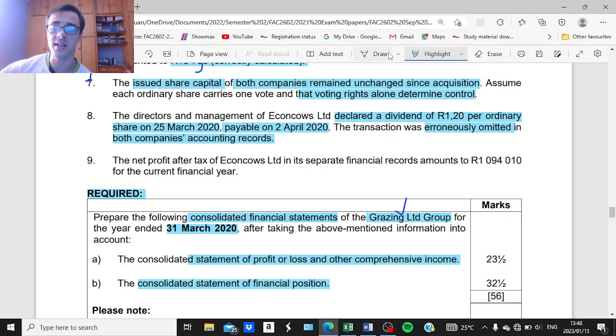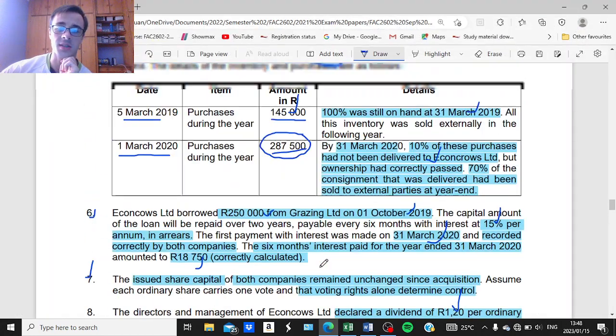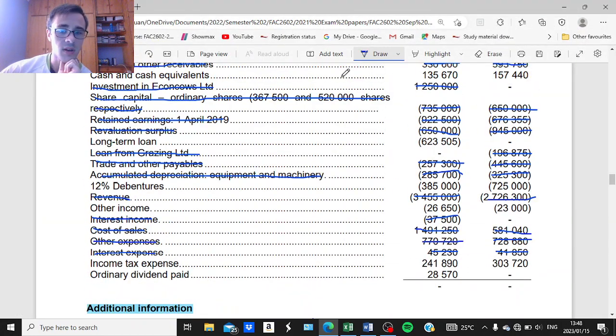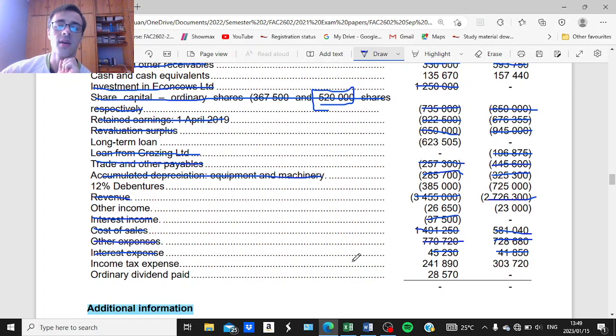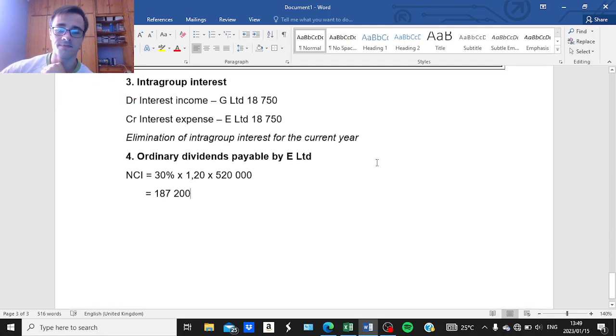The dividend declared is R1.20 per ordinary share, and the total shares that have been issued by the subsidiary is 520,000, of which 30% is owned by non-controlling interests. So 187,200 is payable to non-controlling interests.